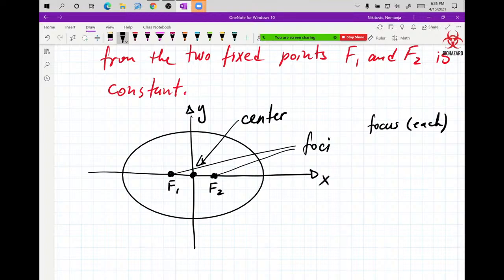And we have these points here. It's called the vertex. And we have the major and minor axes.